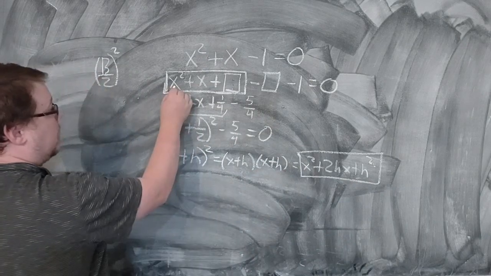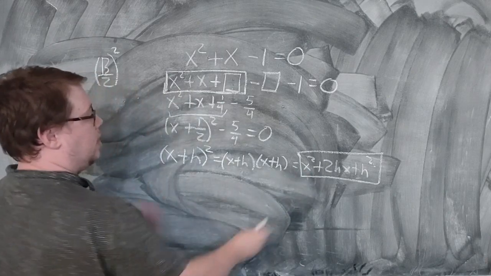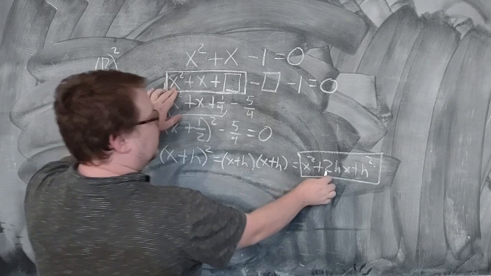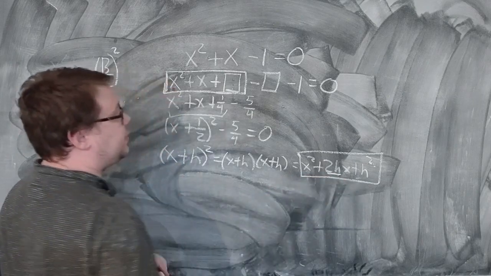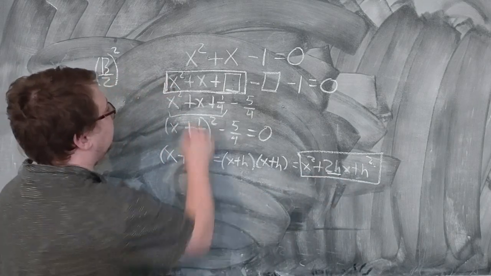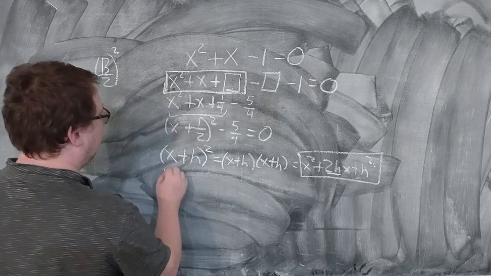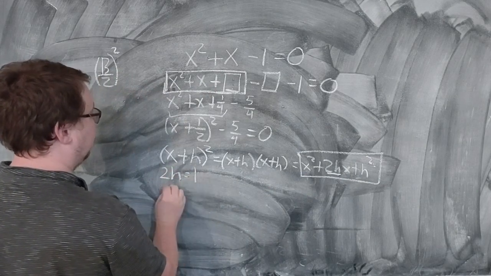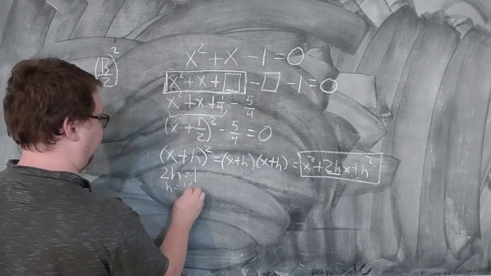So x squared, x squared, that's good, no problems there. But if I look at the middle term, here it's 2h, and here it's 1. So I know that 2h equals 1, or h equals 1/2.